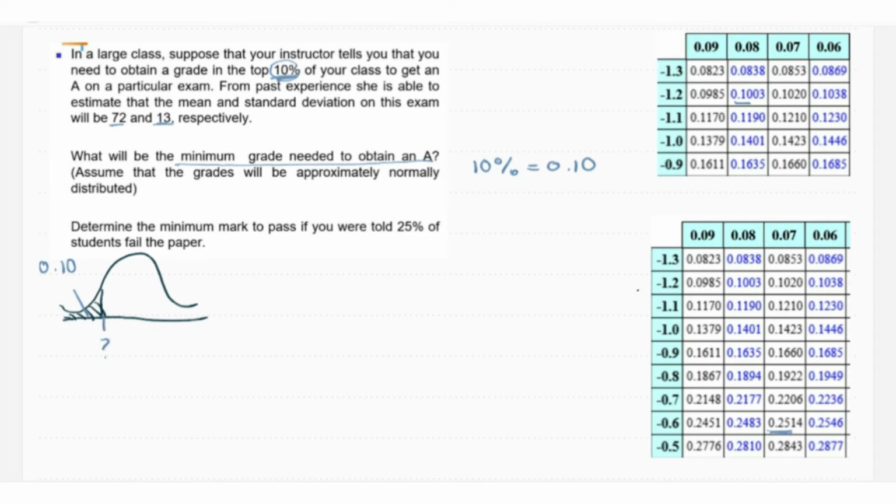So how do we find the value? First we look at the z-score table and try to look for the value that is nearest to 0.10, and we can see this is the nearest point because this one is less than 0.10, and so this is the nearest.